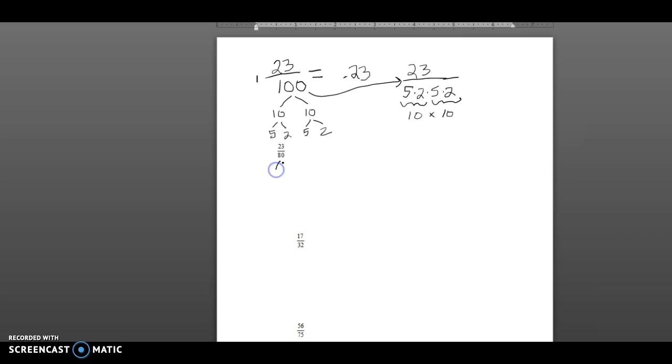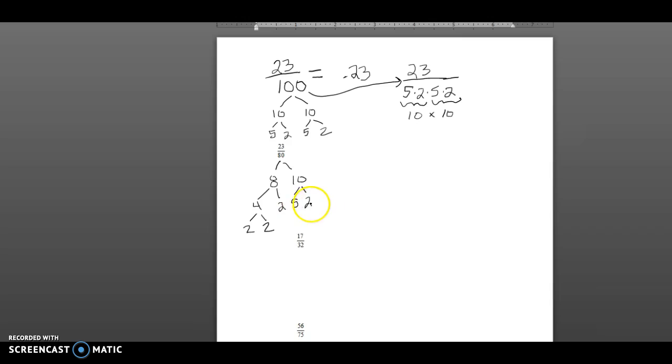So I'm going to take 80, and I'm going to split it up, and that's 8 times 10. And 10 is 5 times 2, and 8 is 4 times 2, and I've got 2 times 2. All I have are 5s and 2s.